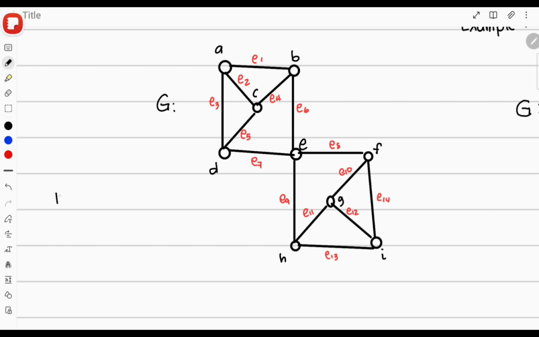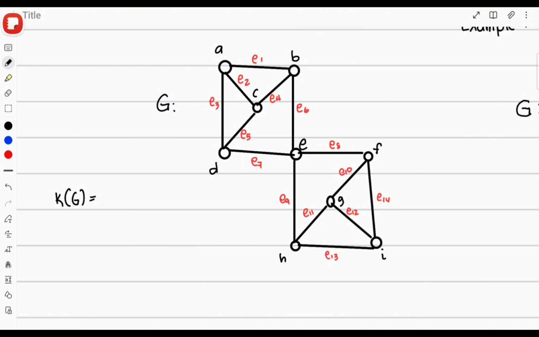Okay, so first, the kappa of G. What is the minimum number of vertices we need to remove to disconnect the graph?